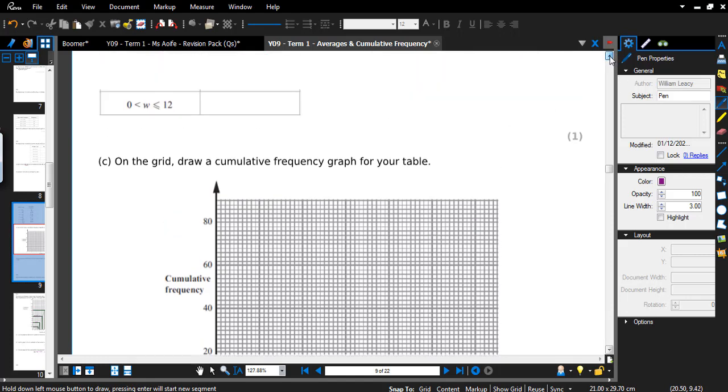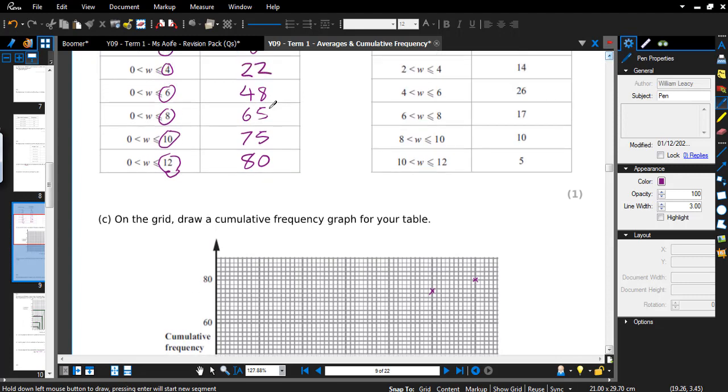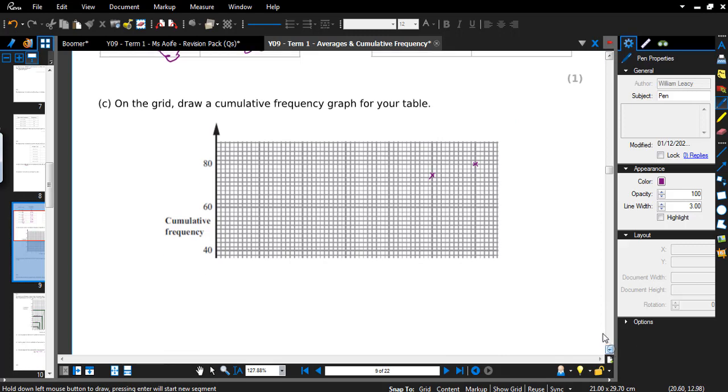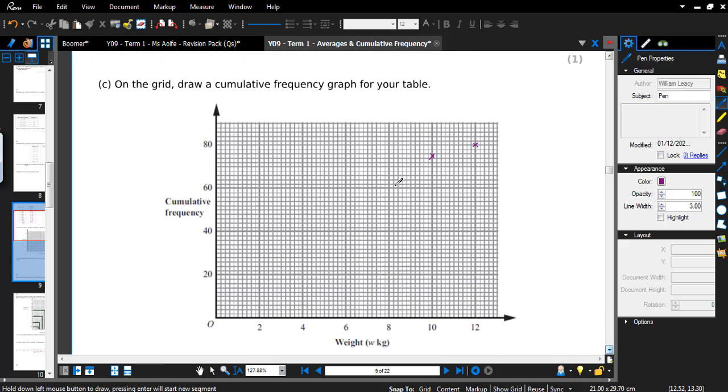Then 8, 65, and 6, 48. So we're going to go down 58, 56, 54, 52, 50, 48. It's here.